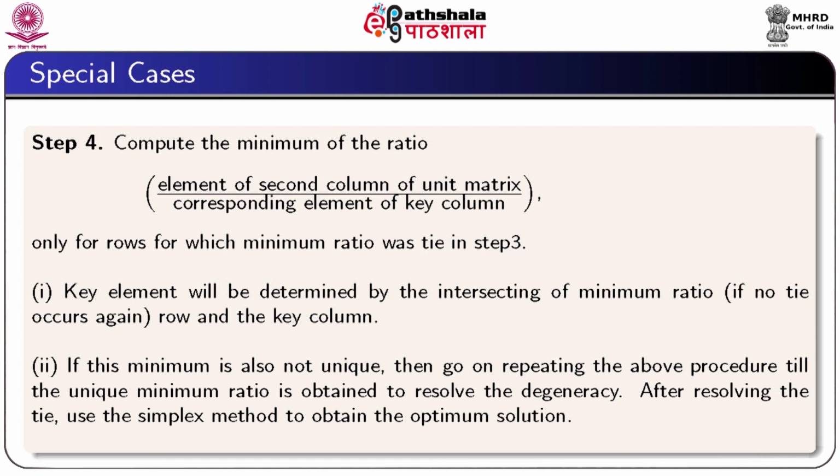Now, the key element will be determined by the intersection of minimum ratio row and the key column, again if there is no tie. If this minimum is also not unique, then go on repeating the above procedure till the unique minimum ratio is obtained to resolve the degeneracy. After resolving the tie, use the simplex method as usual to obtain the optimal solution.